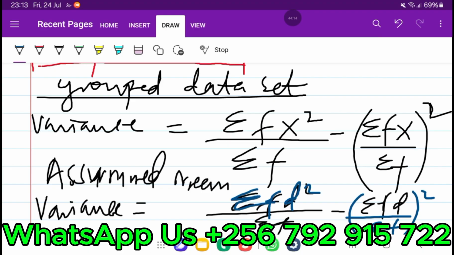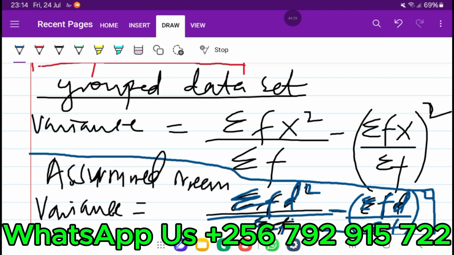We computed some of these things, summation f, that's why I'm not repeating some of these. If at all you have something to do with assumed mean. But most of the times they prefer that first one, the one that is most preferred, or that's depending on the data set that they have given to you.